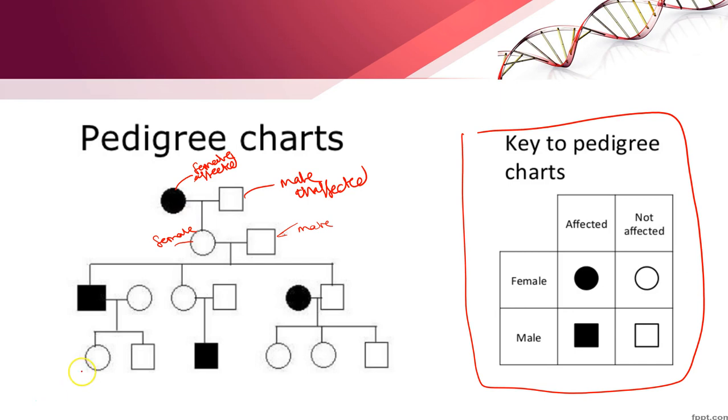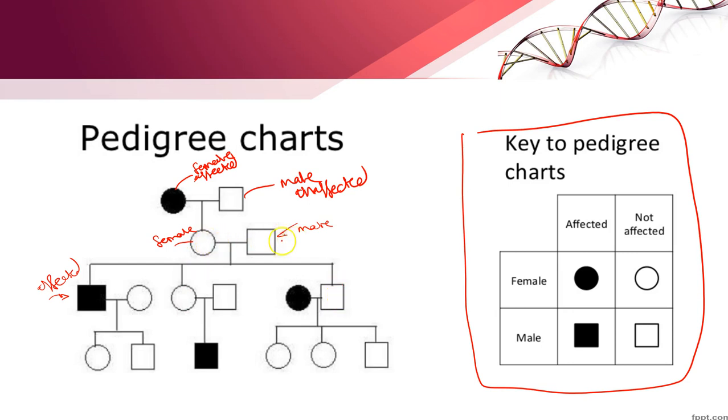We can see here that the female is unaffected, and then they have married an unaffected male, and the children that they have are on the next tier down. There is an affected male, an unaffected female child and an unaffected male child.